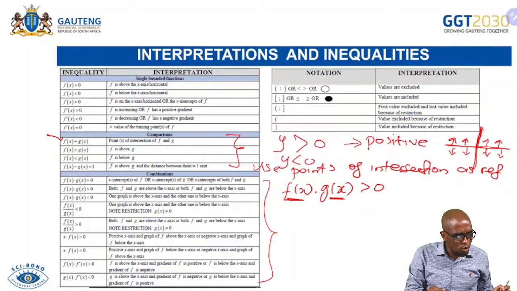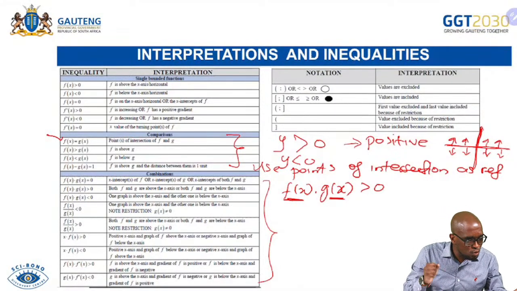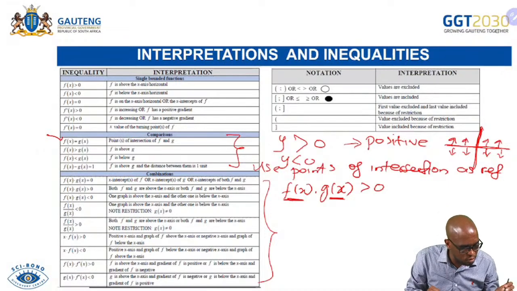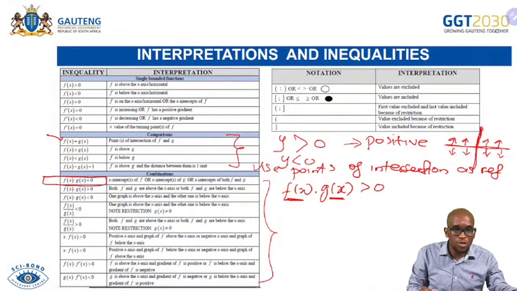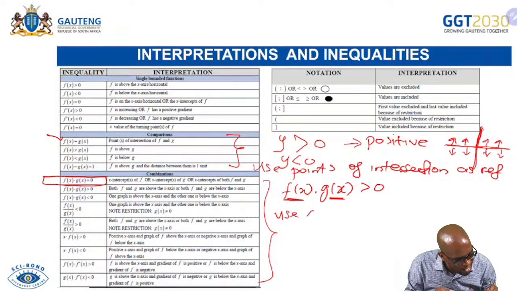Now, with combinations, what is the starting point? We start where both graphs are equal to 0. We start where f of x times g of x is equal to 0. So we start on the x-intercepts. So here we're going to use x-intercepts as reference.